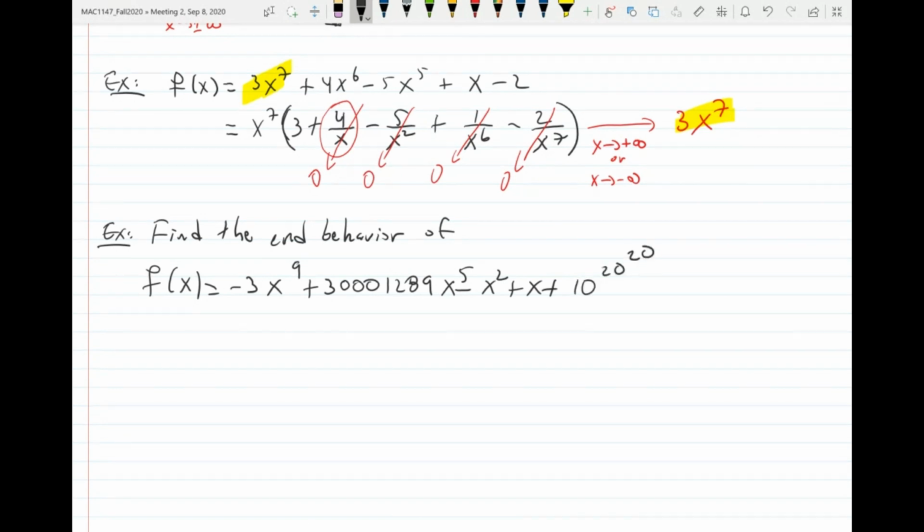I'm just writing something, whatever, something crazy here. But this is a polynomial. Nobody can stop me from writing something. This is a polynomial. Okay? Notice that the last is just a big number, but it's a number. So that's okay. That's a polynomial.